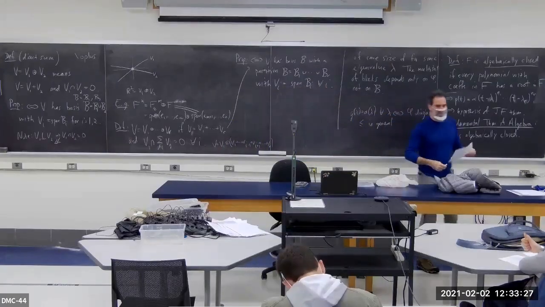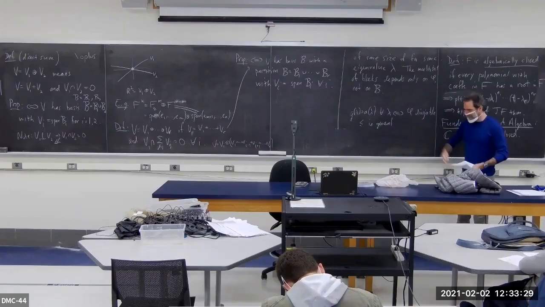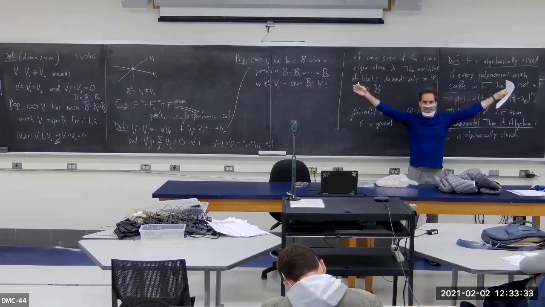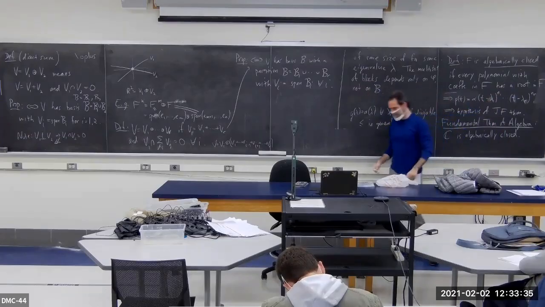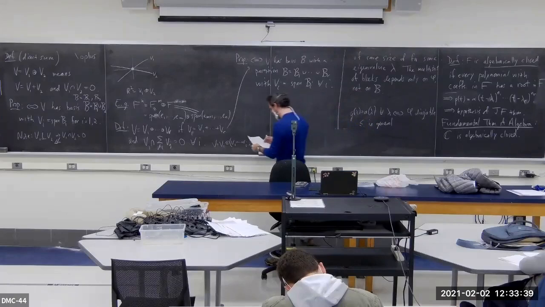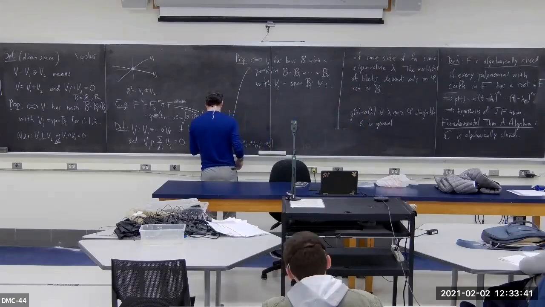So you should think of a direct sum as being: I can choose bases so that a basis of the big one is a union of bases of the small ones. The disjoint union.